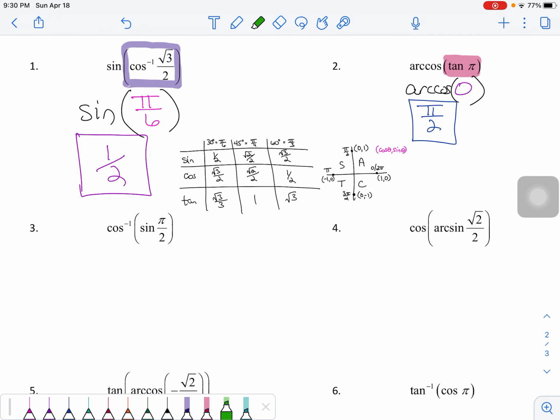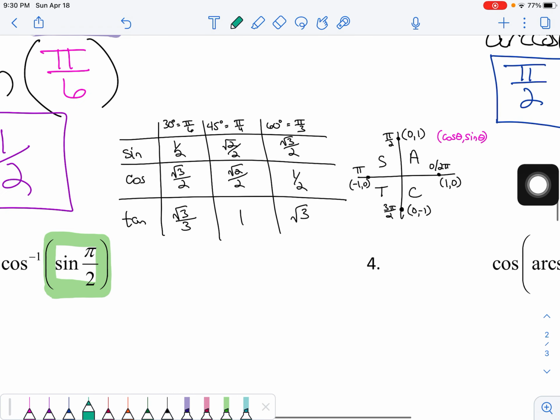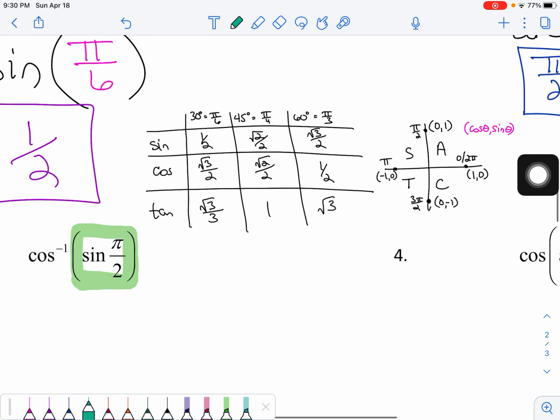All right, problem number 3. I am going to start with the sine of pi over 2. Pi over 2, remember, is on the unit circle, so it's right here. I'll zoom in a little bit better. At pi over 2, the first value, the x value, is cosine, and the y value is sine, so I'm looking at 1.